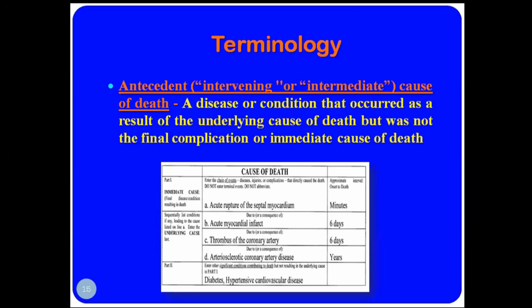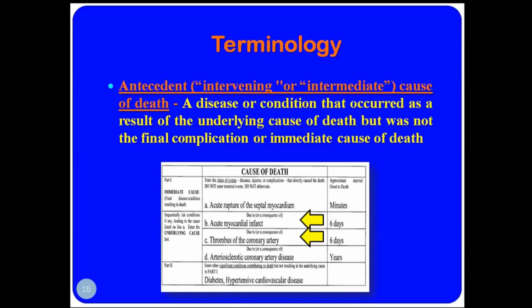In this death certificate, atherosclerotic coronary artery disease was the underlying cause, followed by a thrombus, and the thrombus led to acute myocardial infarct. So you can have 2 or 3 antecedents. You can even write in between if you feel there were more than 2 or 3 antecedent causes which ultimately led to the immediate cause of death.